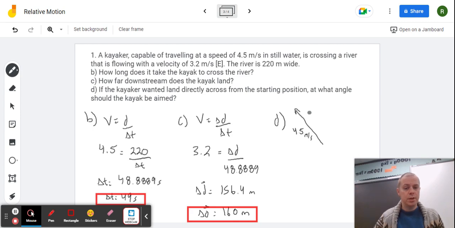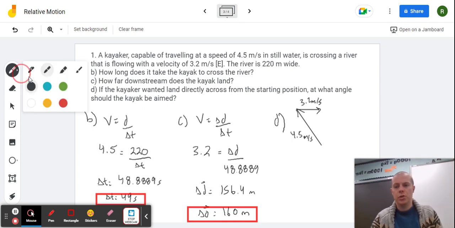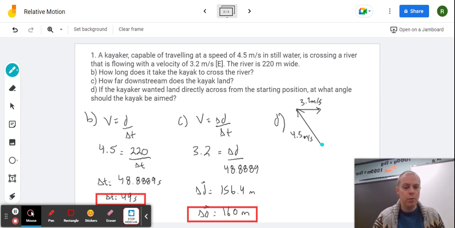They're going to aim into the current, so we're going to pick some angle to go into the current so that when the current pushes them back, they end up straight across from where they started.